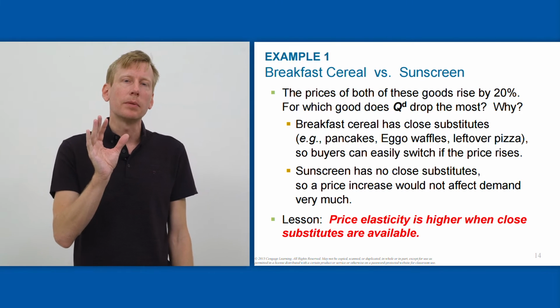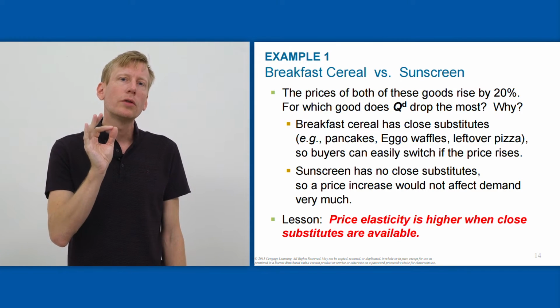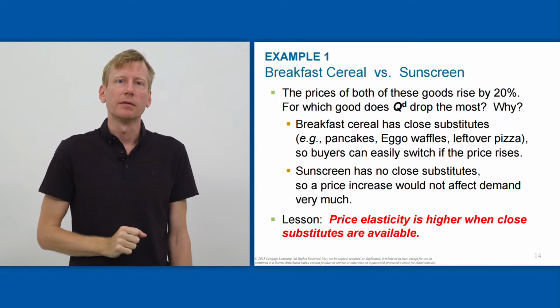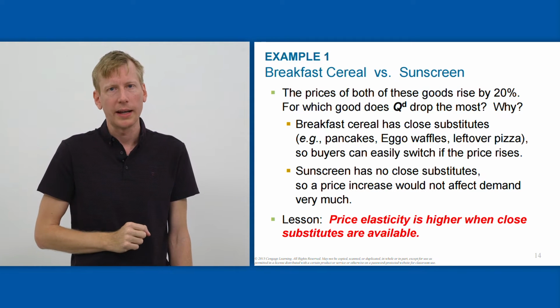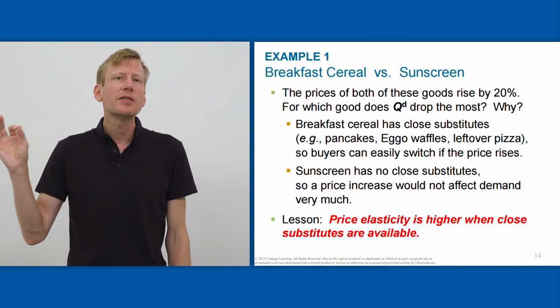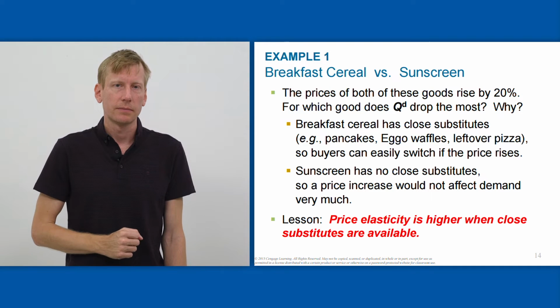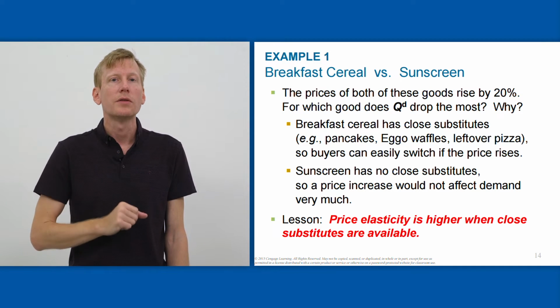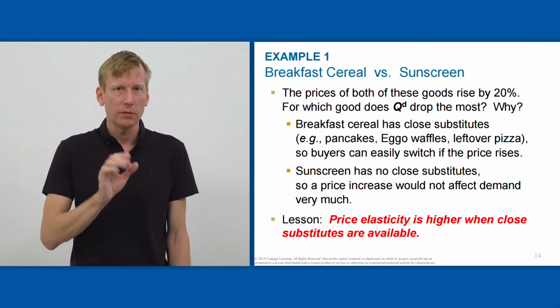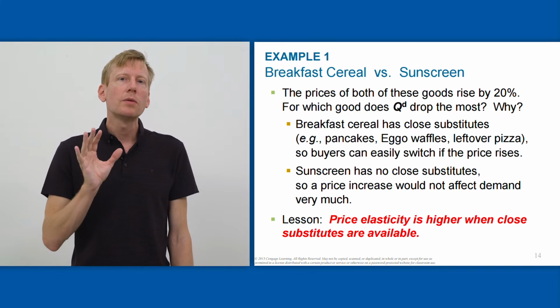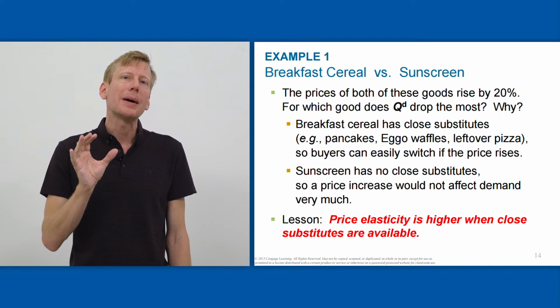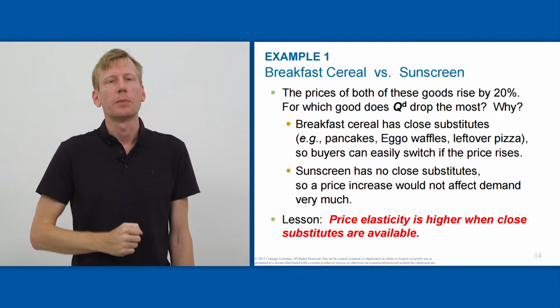Our first example, look at the two goods, breakfast cereal, such as muesli on one hand, versus sunscreen on the other hand. Obviously, these two goods don't have very much in common, but they don't need to. Which would you imagine has a larger responsiveness to changes in the price?